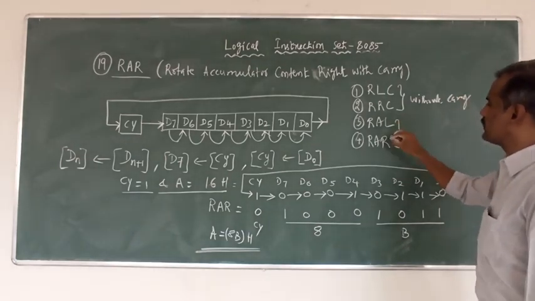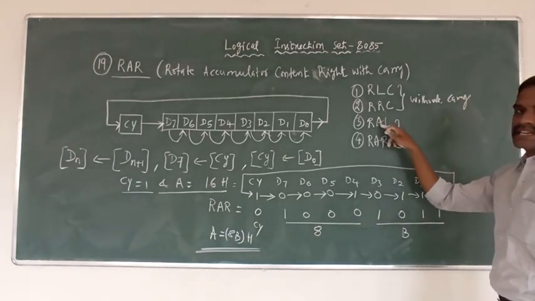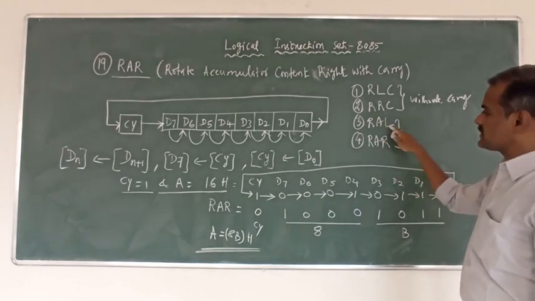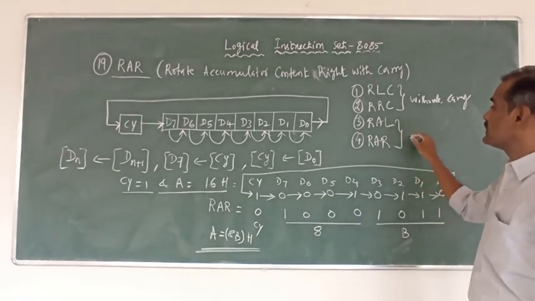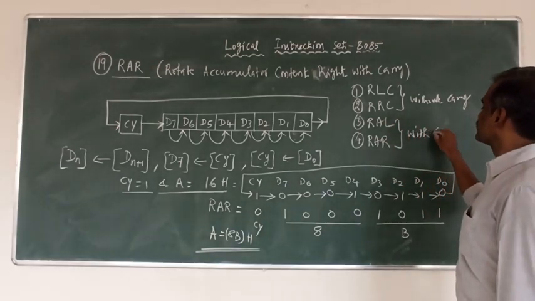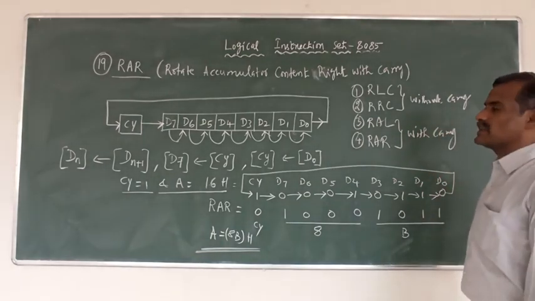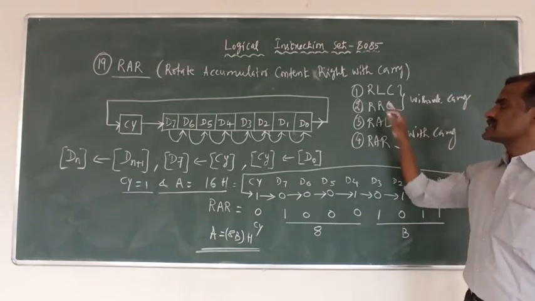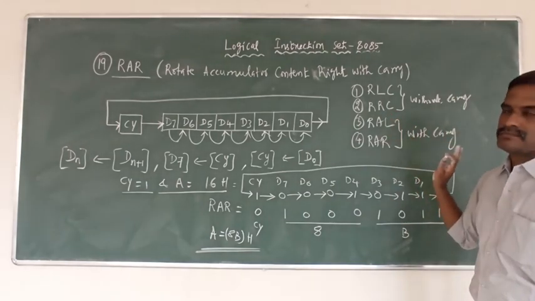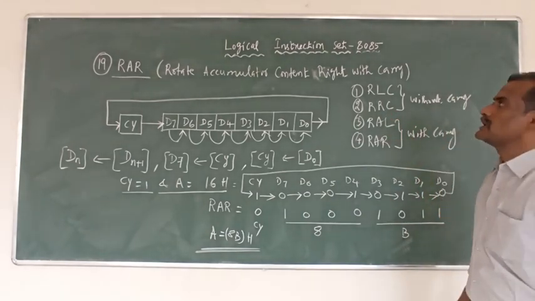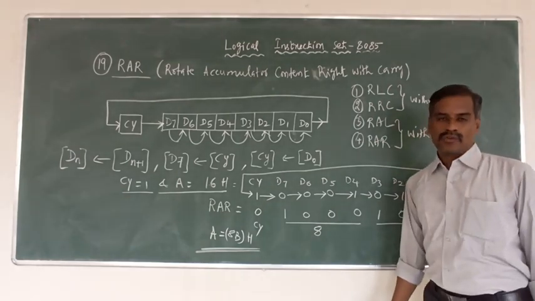And these two are for rotate accumulator content left, right with carry. The carry also it will rotate. Okay, this is the operation for rotate instruction. Rotate there are 4. Okay, logical instruction set over.